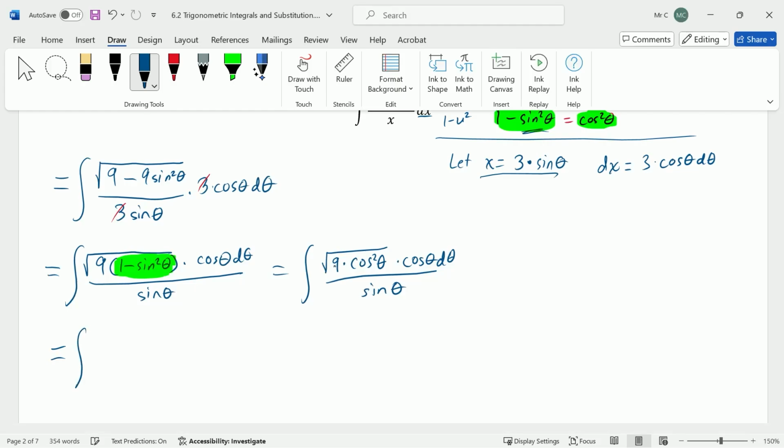Okay, so we got the square root of 9 times cosine squared. So that's 3 cosine of theta times cosine of theta d theta over sine of theta.